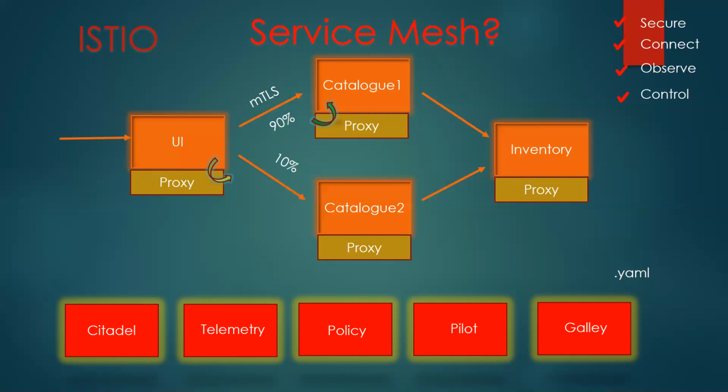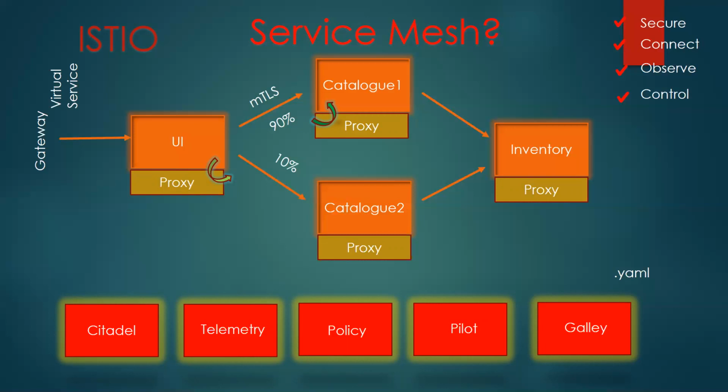Okay, and then to get started with Istio, we should take care of three major things. First one is gateway. It is like a load balancer. It sits at the edge of your mesh, and it keeps all incoming and outgoing HTTP and TCP connections. Next one is virtual services, which is next to the gateway.